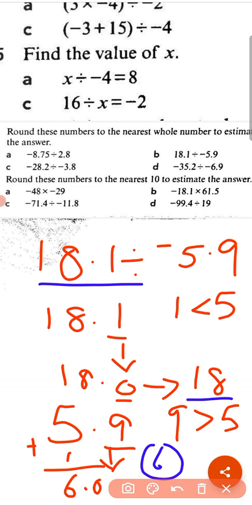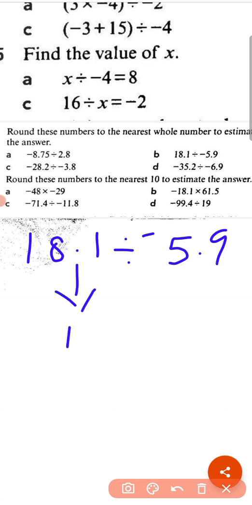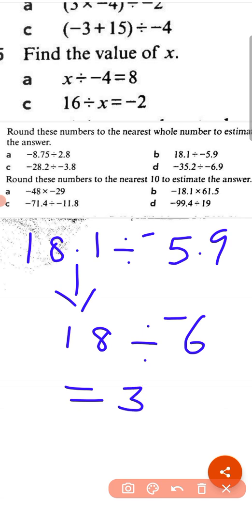Now do the calculations. 18.1 divided by negative 5.9. 18.1 becomes 18 and 5.9 becomes 6. Since the sign is negative, so it is negative 6. Now do the calculation. 18 divided by 6 is 3. Positive divided by negative is negative. So negative 3 is our answer.